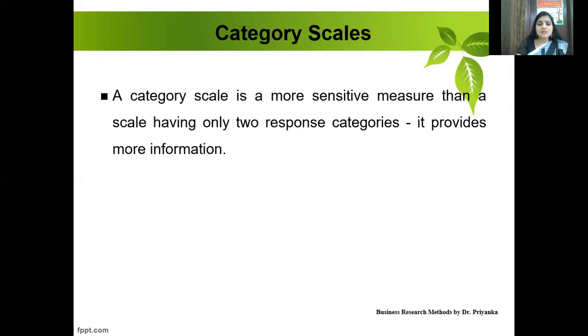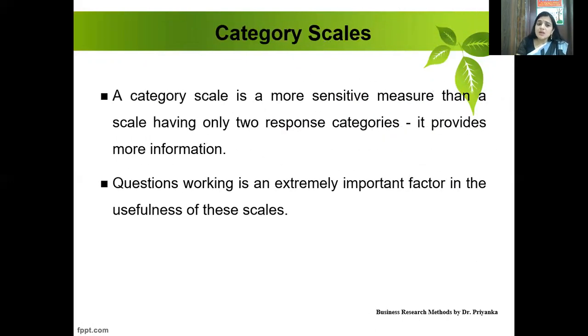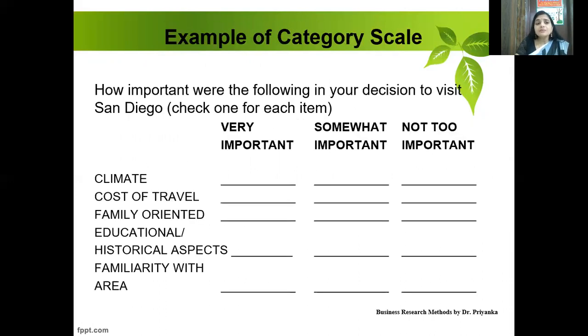Then category scales, for example, question wording is an extremely important factor in the usefulness of these scales. Let us have a look at one example. How important were the following in your decision to visit San Diego? Check one for each item. Like you are visiting a country. When you visited the country, what are the factors you actually considered, right?